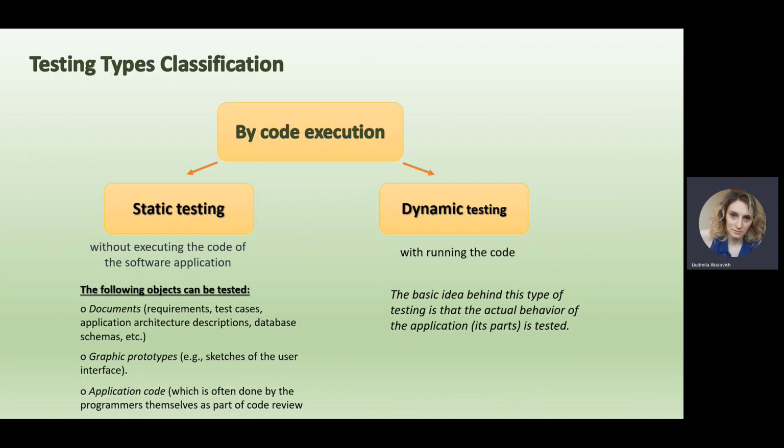So with actually executing the code, with going to the application and testing its actual behavior. So static testing is without launching, without executing the code of the application, and dynamic is with running the code.